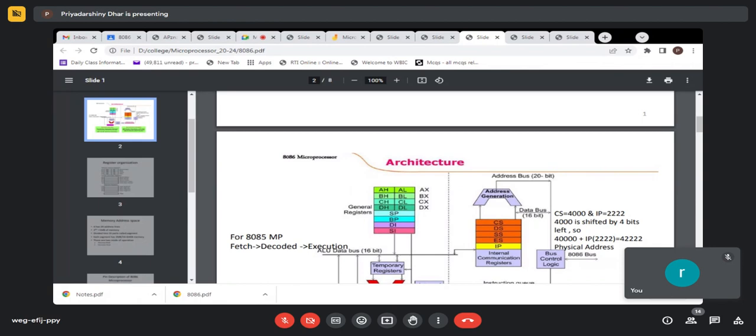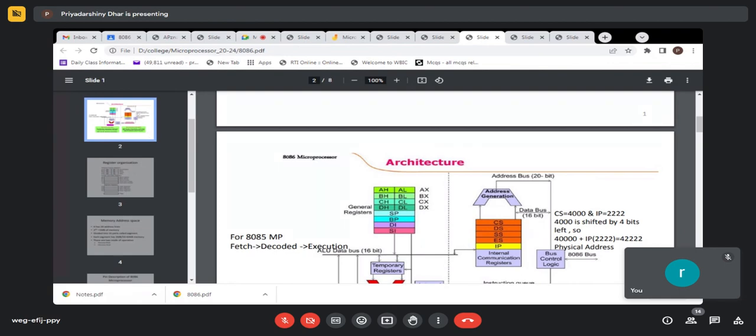Clear? So these are 16-bit registers. We can use 8-bit also, AX, BX, CX, DX. But CS, DS, SS, ES we will use as 16-bit only, we cannot break them up.